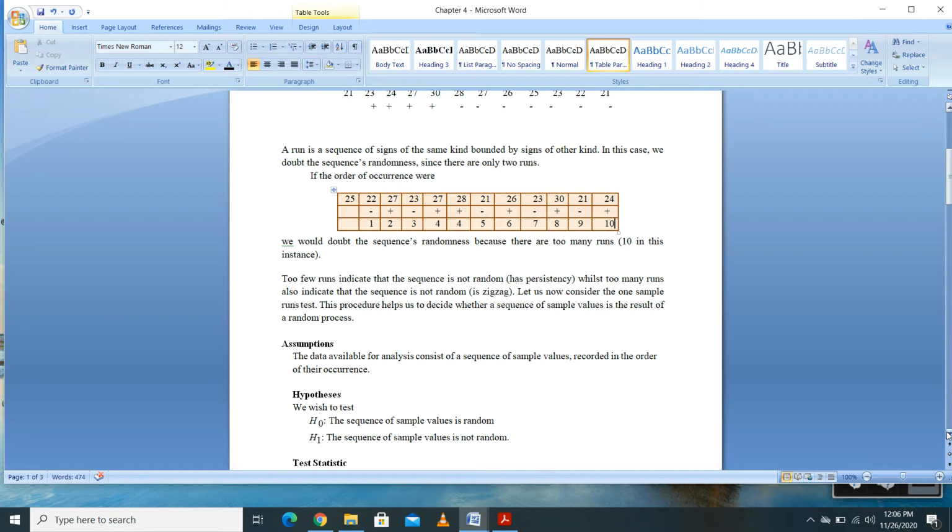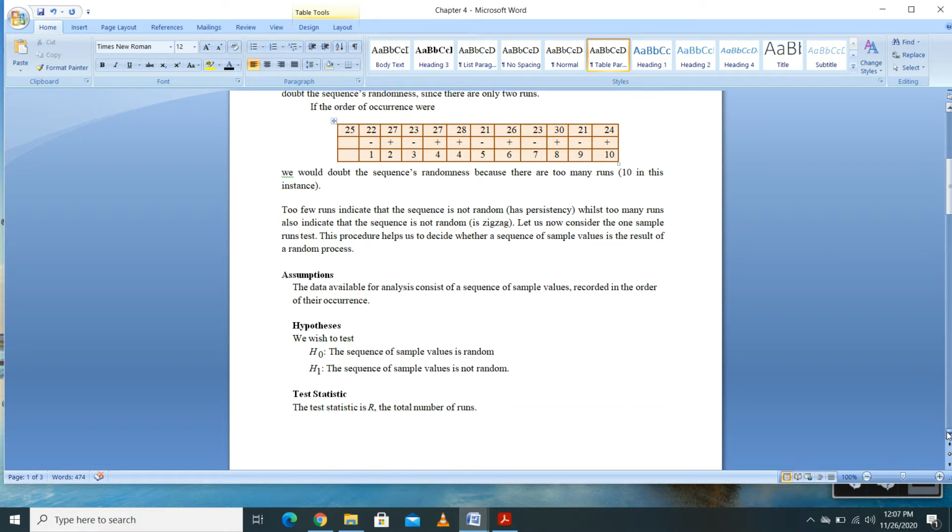As it is you have to take, and then you have to check for the number of runs, because if you change the order, then we can't say whether it's a random sample or not, because you have changed the order of occurrence. So you have to keep the occurrence as it is when you perform the runs test. So here the hypothesis that we wish to test is the sequence of sample values is random against the sequence of sample values is not random. So this is a two-sided test.